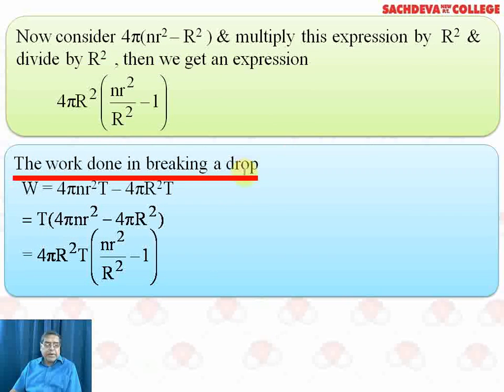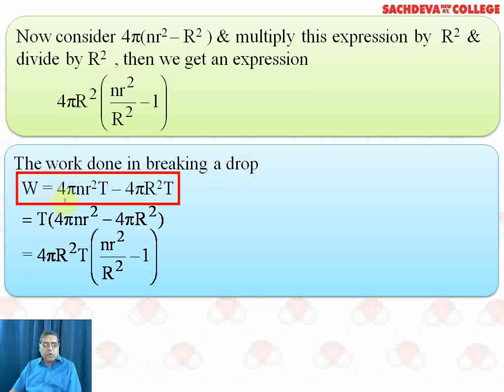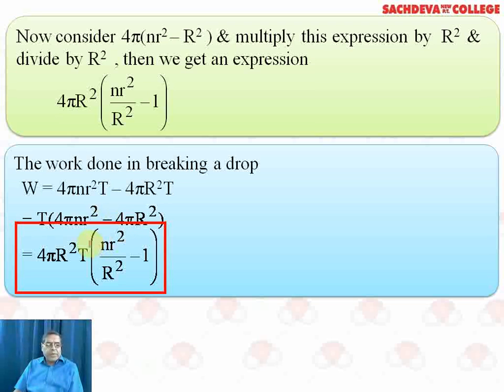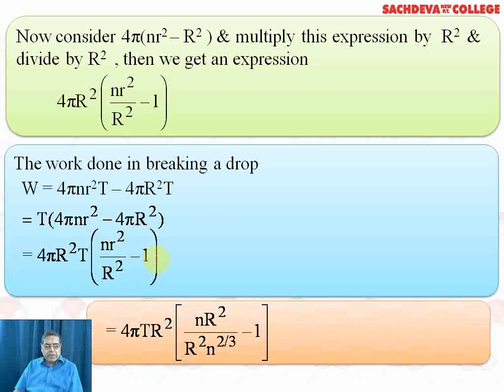So work done in breaking a drop is 4πnr²T minus 4πR²T. So we can take 4πT common, and the remaining values we can write within the bracket. So our net result is W = 4πR²T (nr²/R² minus 1).